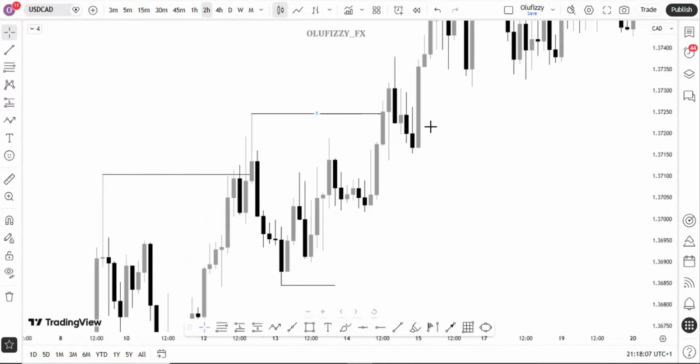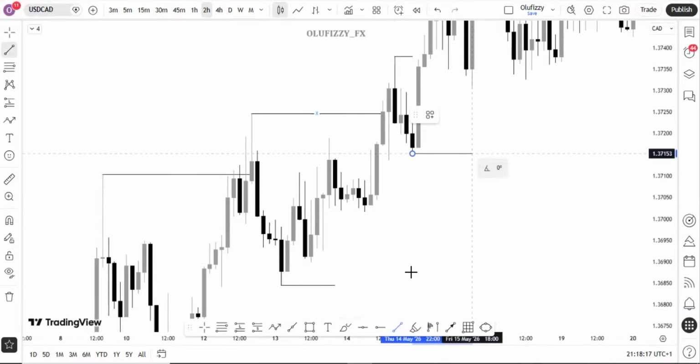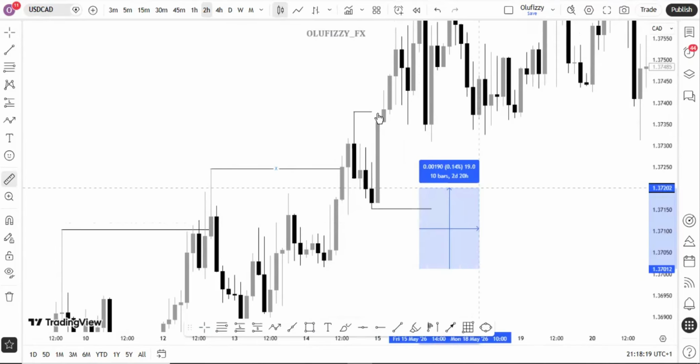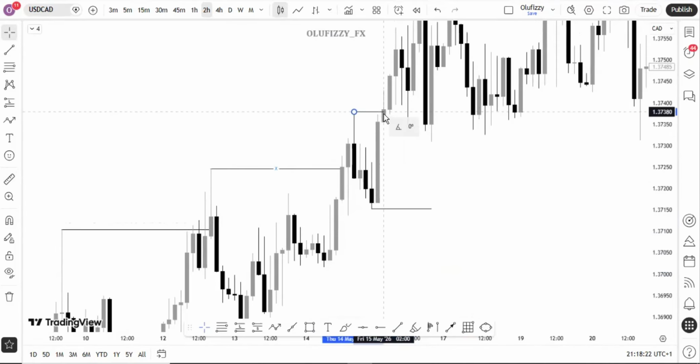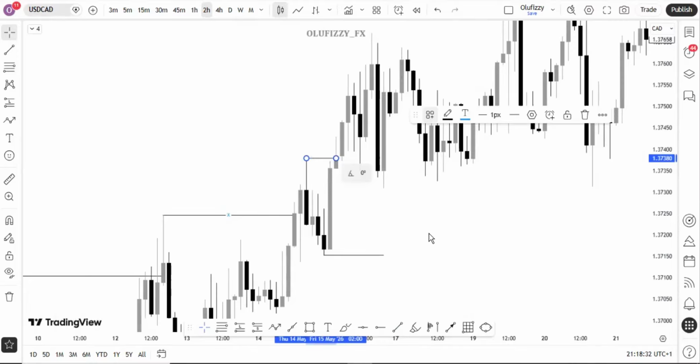So from there we have another high. After this high was created, price pulled back again to give us another higher low. Once price continues like that and continues breaking structure to the upside, that means we want to be looking for buy opportunities in that kind of market condition, because the structure is bullish.